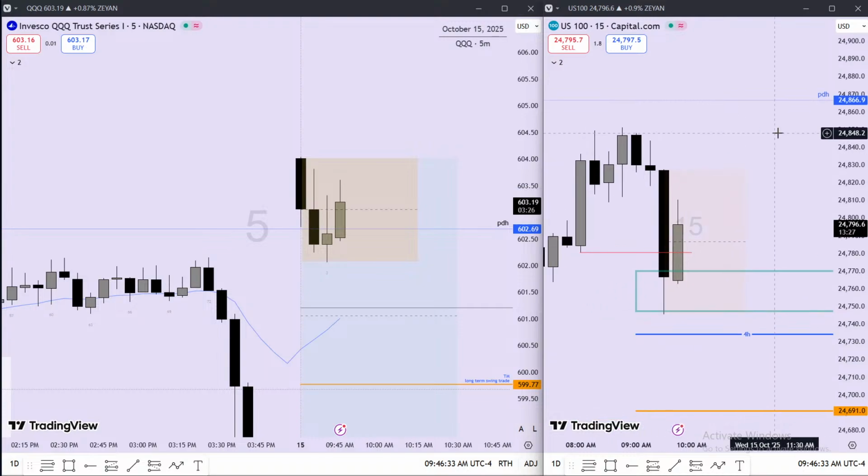Even if the market continues to range, I am not really expecting a swing. Basically, I'm not really expecting higher targets.